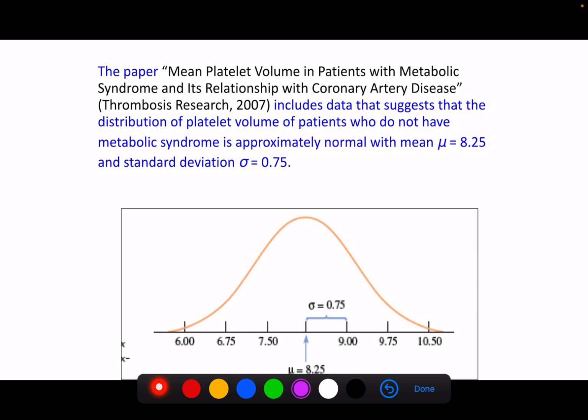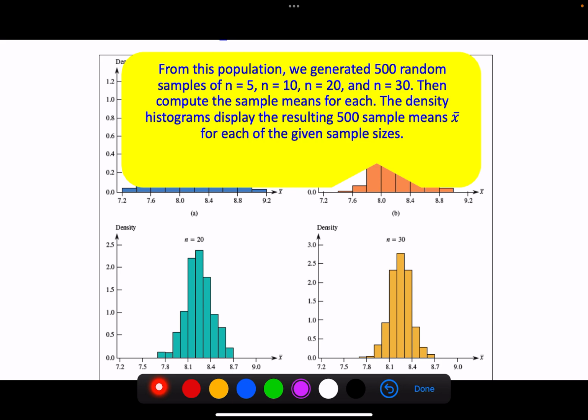Okay, so we get into this platelet volume and metabolic syndrome example. This suggests that the distribution of platelet volumes for those who do not have metabolic syndrome is approximately normal with a mean of 8.25 and a standard deviation. And because this is normal, it works.